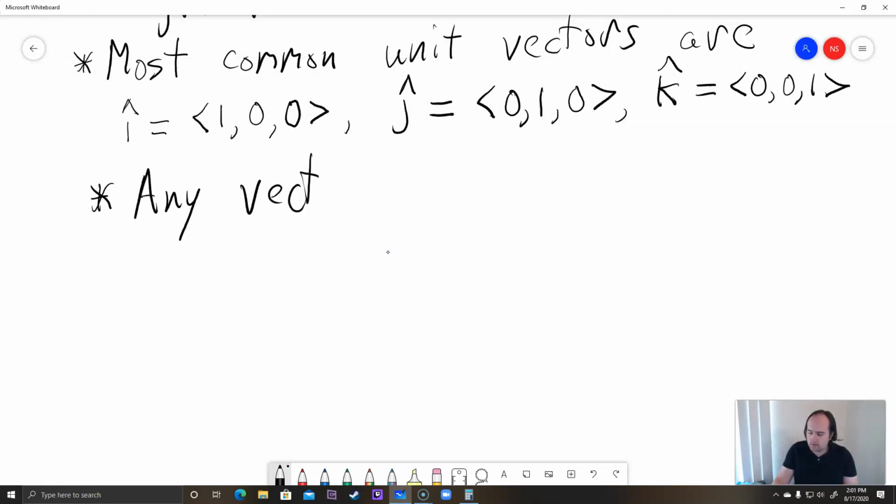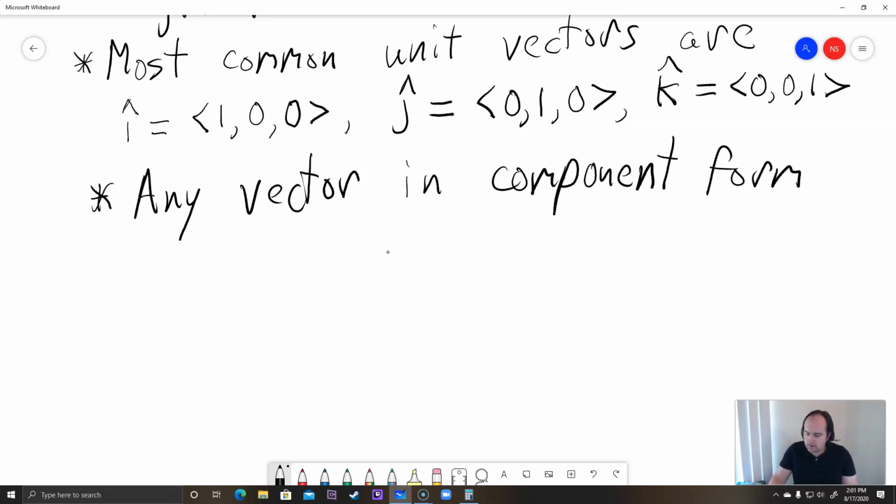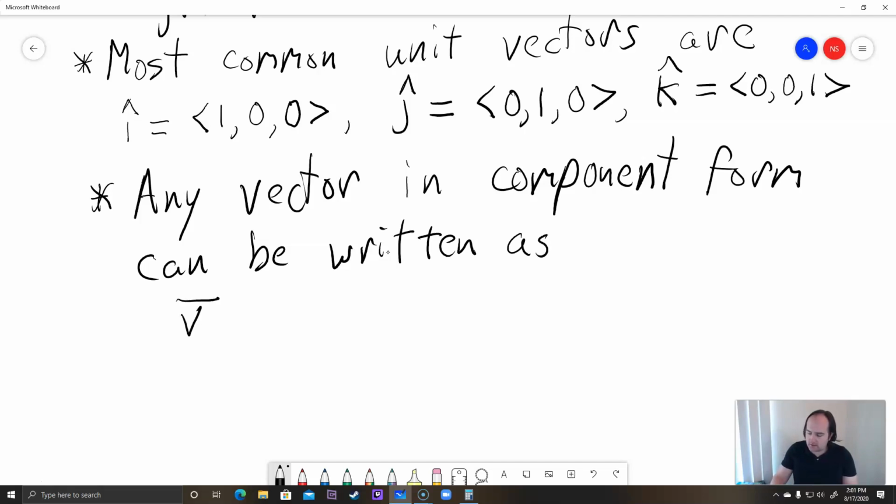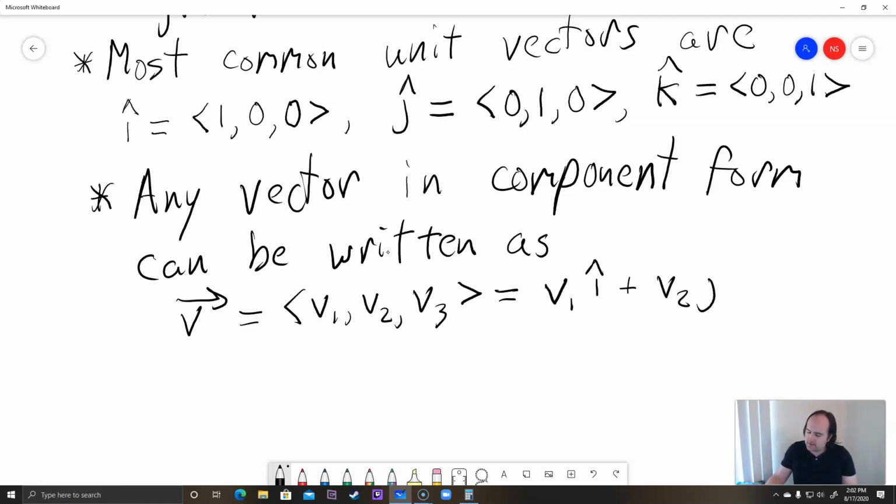Any vector in component form can be written as, well, if v is your vector, so if you have v equals, in component form, that's v1, v2, v3, you can actually rewrite this as v1 times I hat plus v2 times j hat plus v3 times k hat.